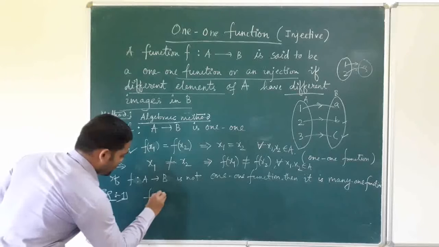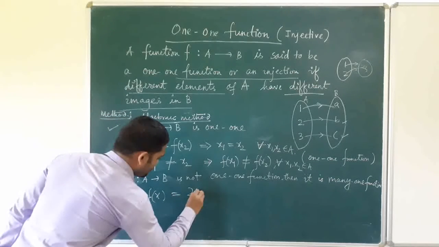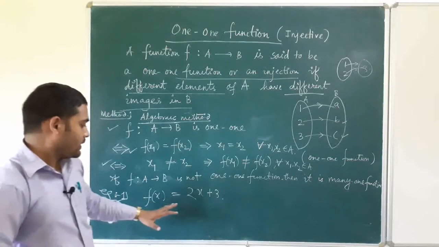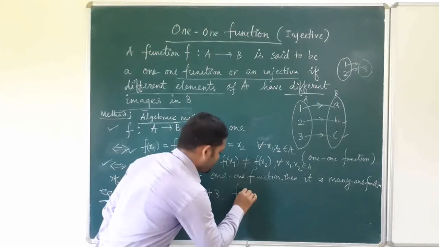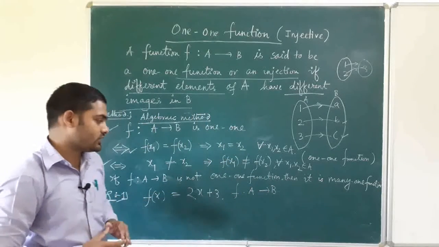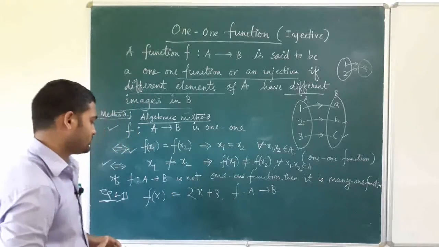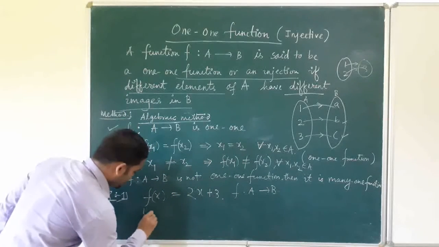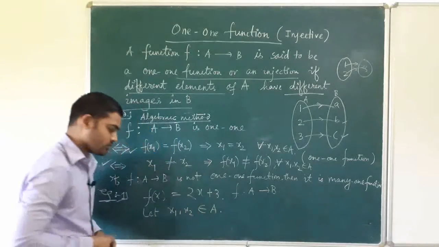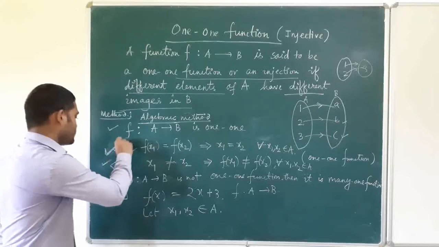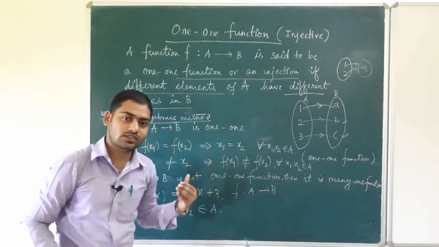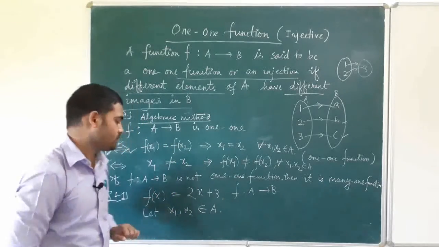suppose f of x is 2x plus 3, okay? And this function f maps from A to B. Now you consider any two elements, let x1 and x2 belong to set A. First, in this way I am finding whether the function is one-one or not.